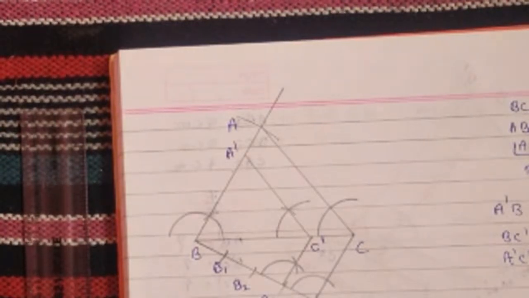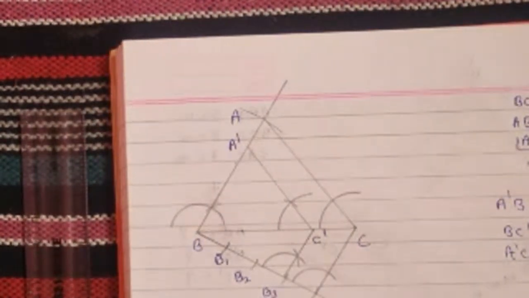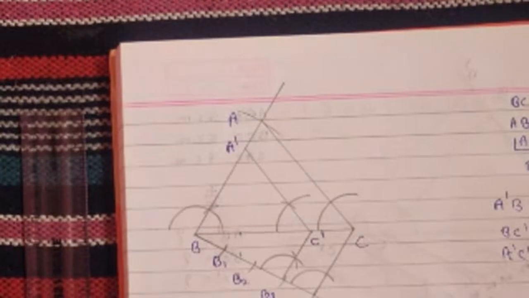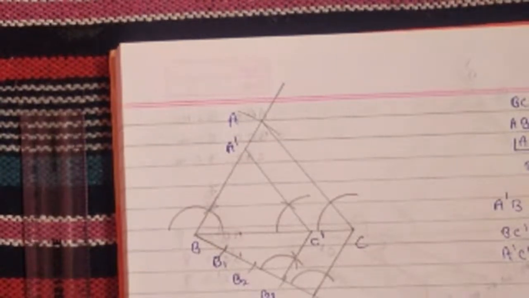And one more thing I want to tell you is, if you consider the value 3 by 4, here the denominator value is maximum compared to the numerator value.